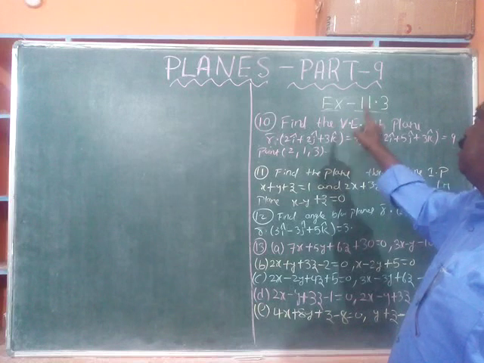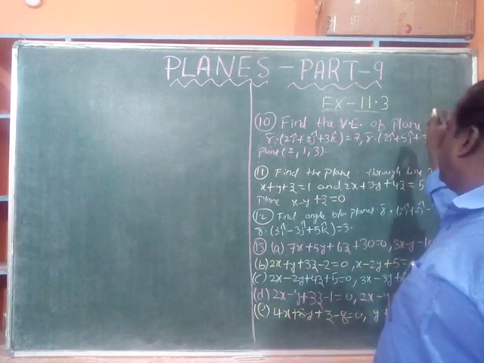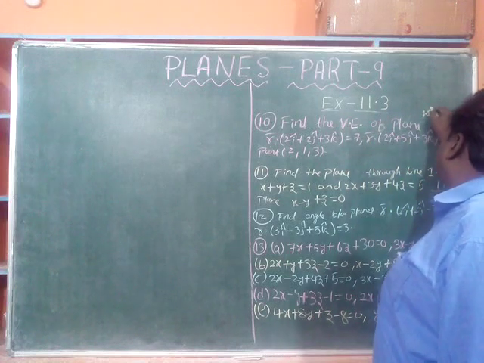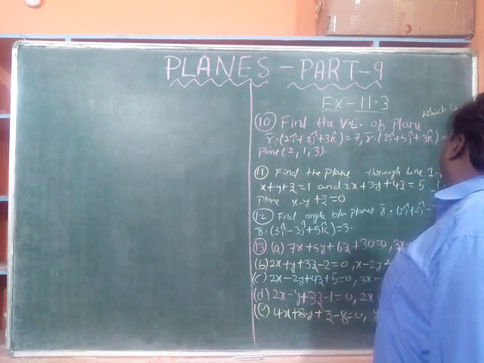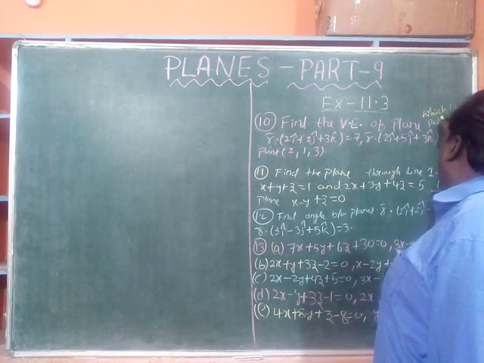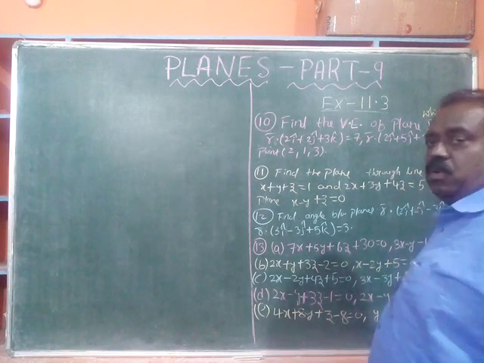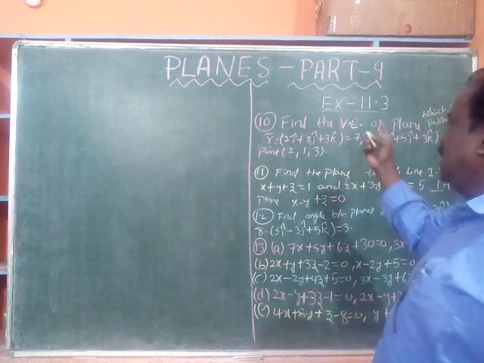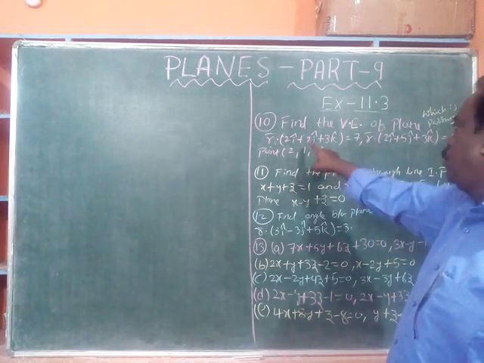Here, find the vector equation of the plane which is passing through the line of intersection of the two planes.